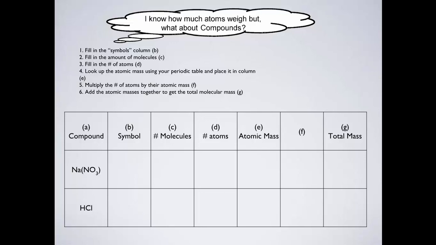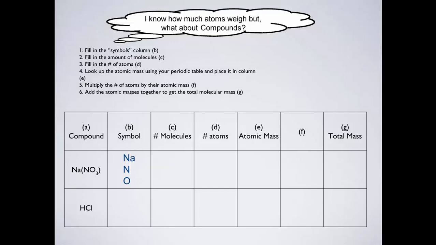Our last step then is to figure out the actual mass. So let's look at this example, NaNO3, sodium nitrate. First off, the symbols that we have, Na, N, and O. Those are the 3 elements: sodium, nitrogen, oxygen.